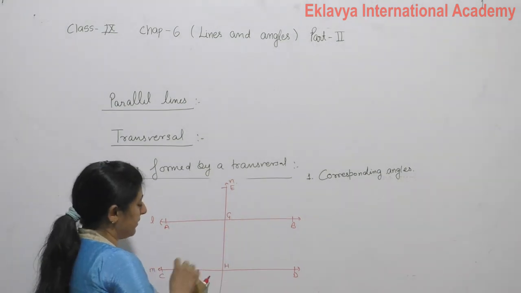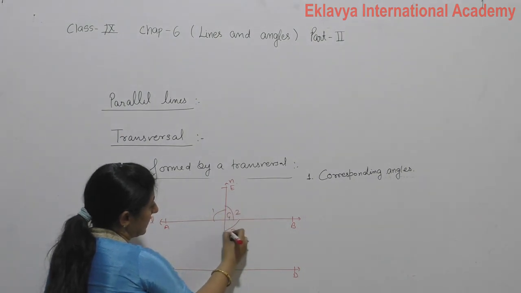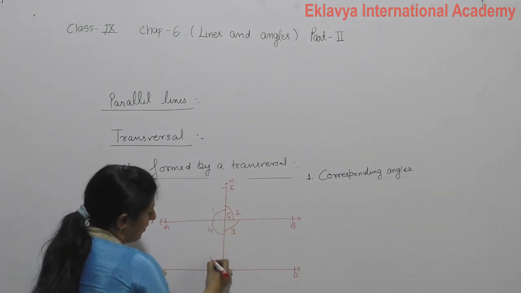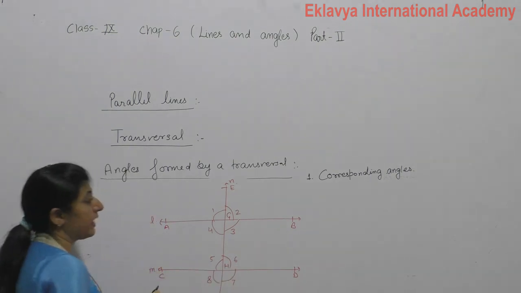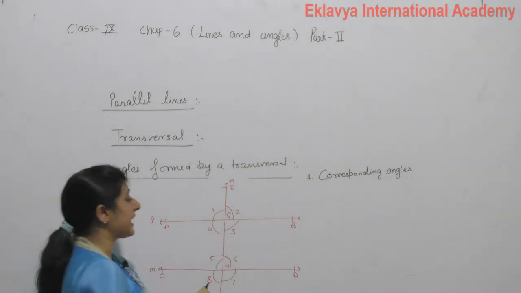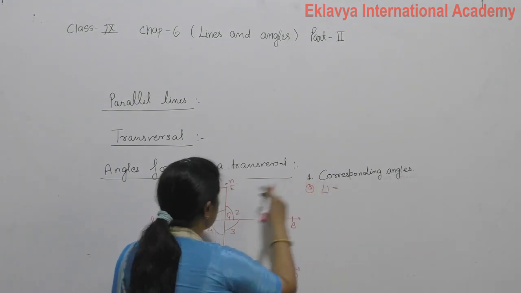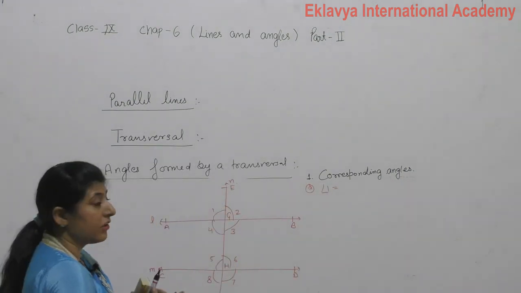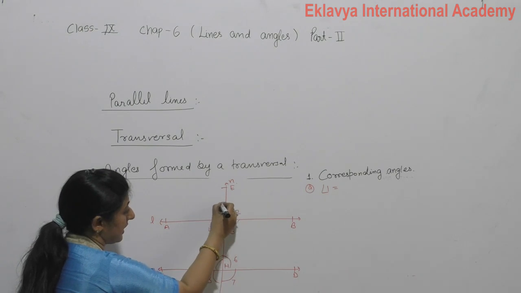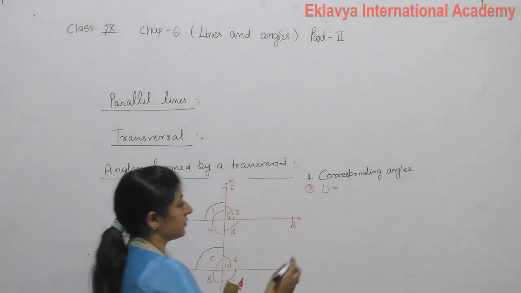We write down the names 1, 2, 3, 4, 5, 6, 7, 8. Now according to this figure, which ones are corresponding angles? The first pair of corresponding angles: angle 1 is equal to angle 5.